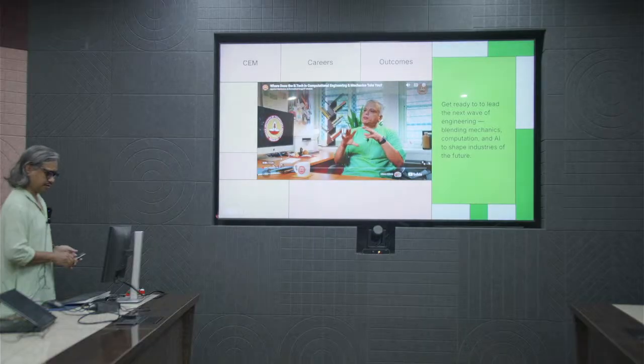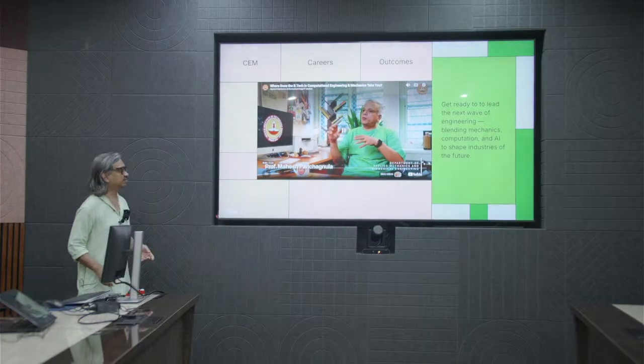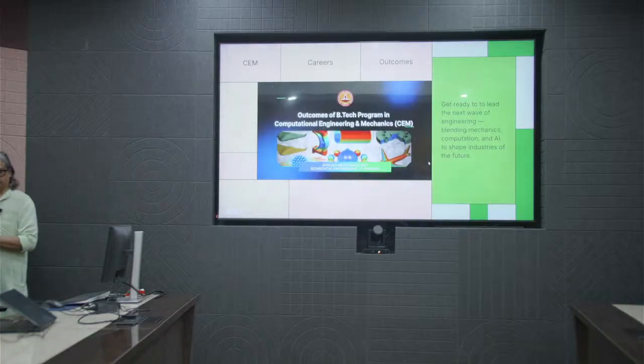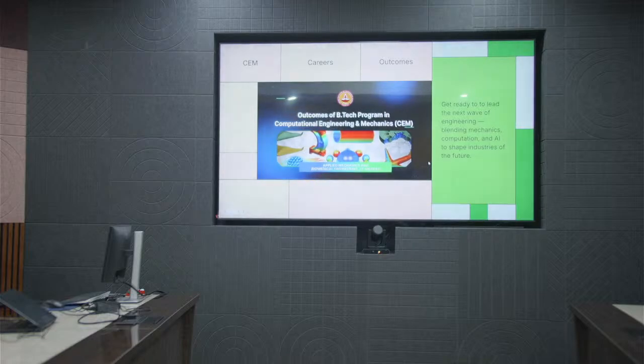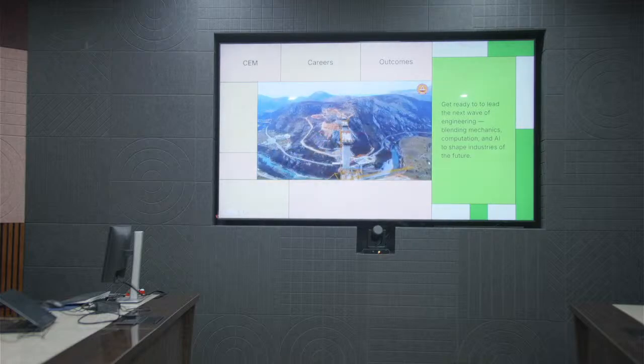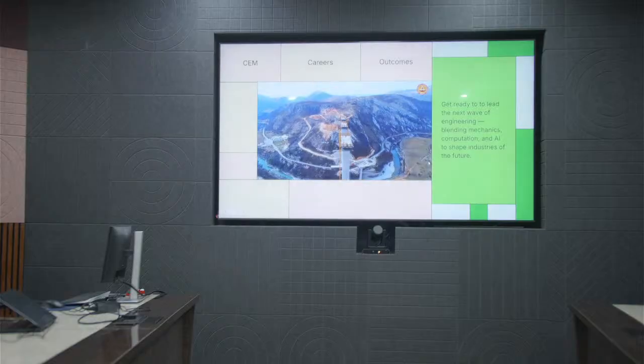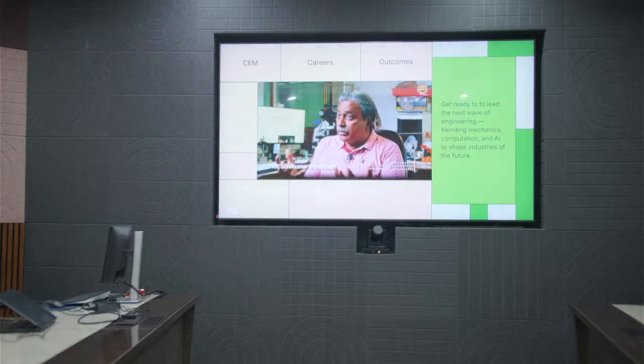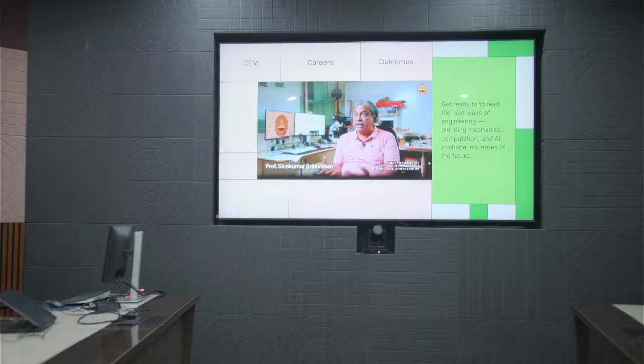We believe this will change the landscape of research questions that will be asked. If you look at engineering challenges, they all cut across disciplines. And sustainability is going to be one of the major aspects that have to be taken care of.